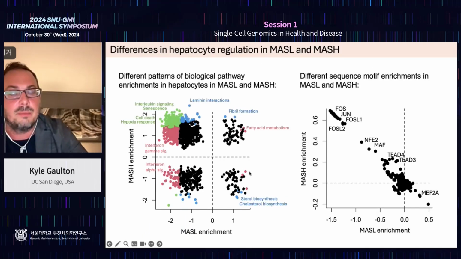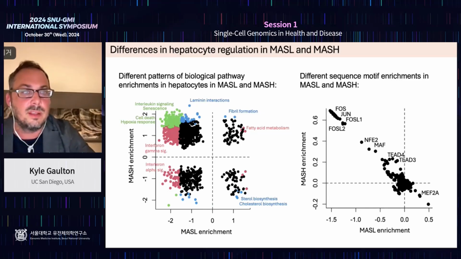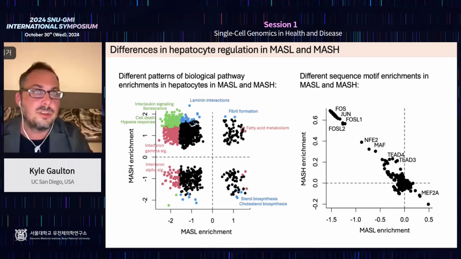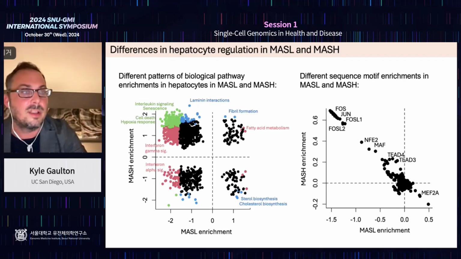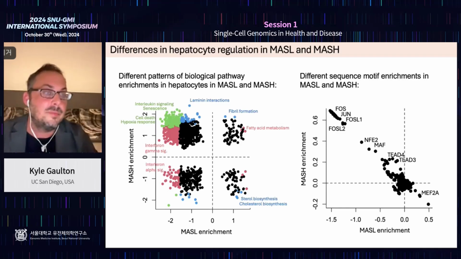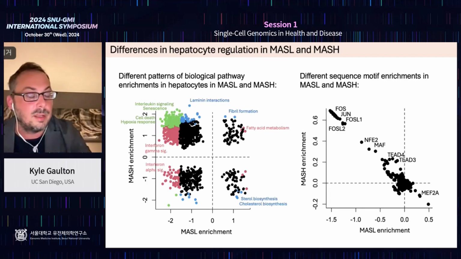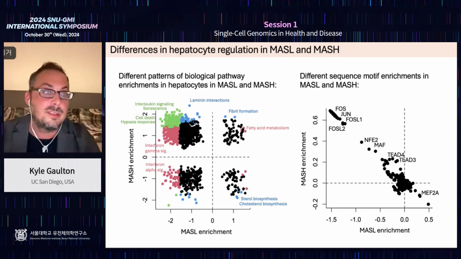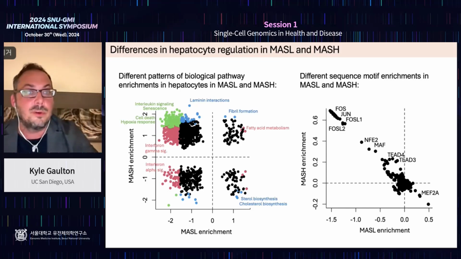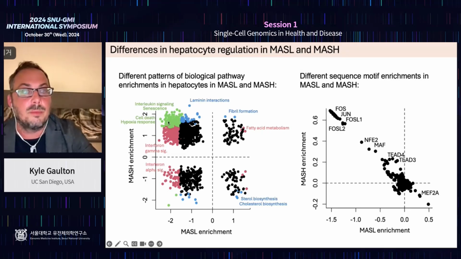And if we look at pathway enrichments of the association results, we find that very different pathways are enriched in the less severe form of the disease versus the severe form, suggesting that, again, it's not an intermediate in terms of progression from less severe to more severe disease. It's actually distinct, pretty substantially so, in terms of its gene regulatory programs, both in terms of pathways as well as sequence motifs, quite dramatically different in the less severe and more severe forms of the disease.